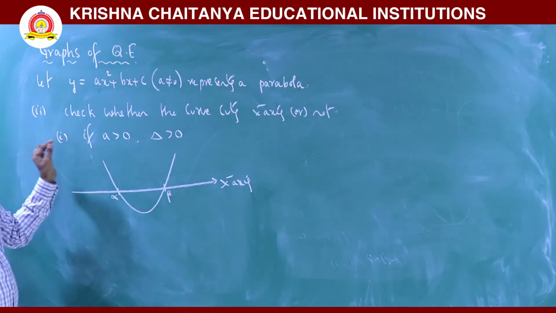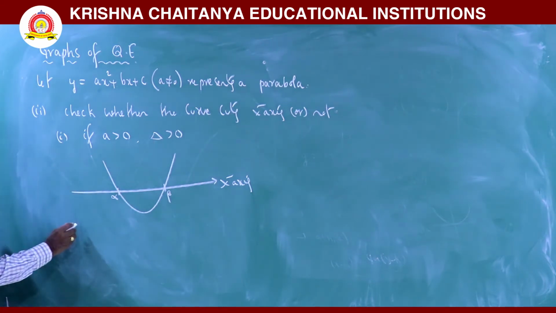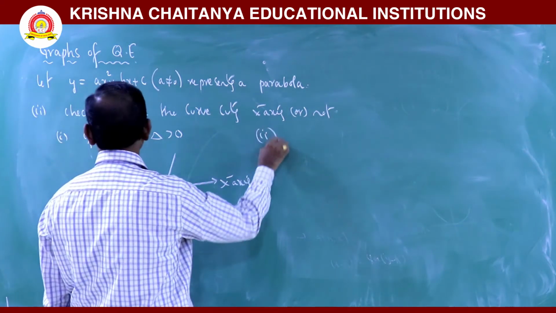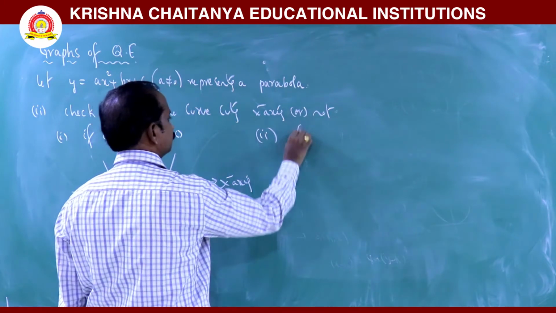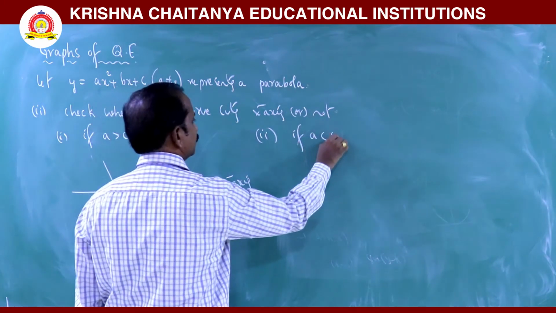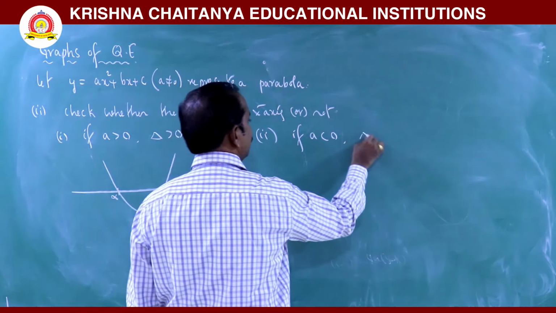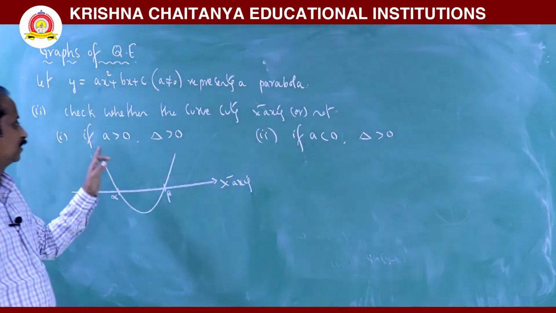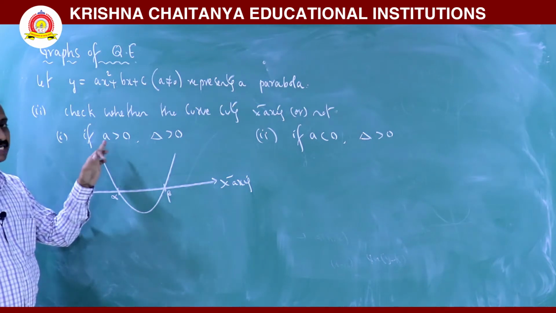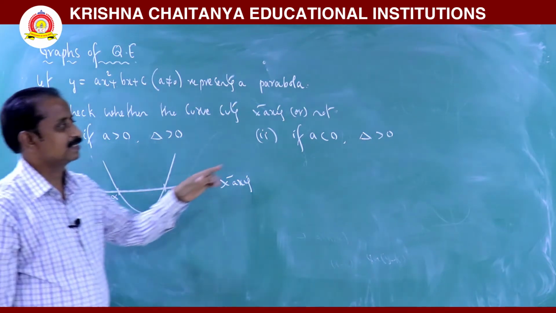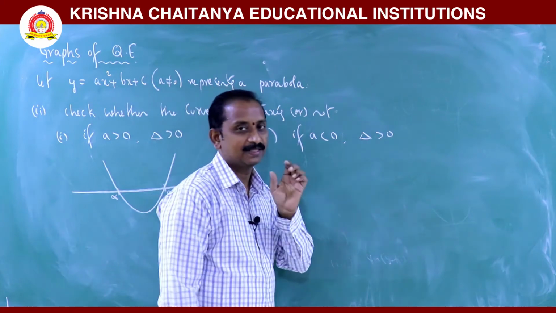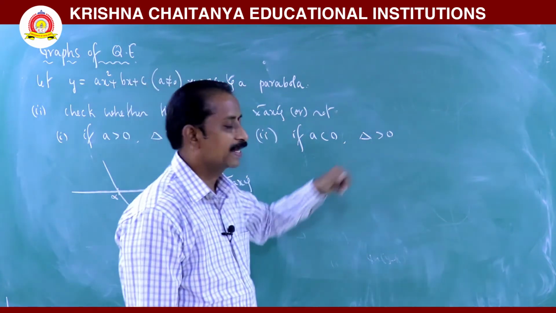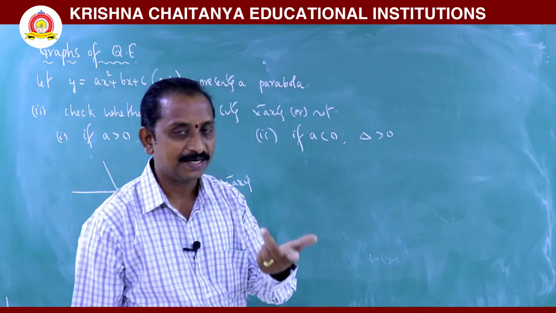So this is point 1, sub point 1. Come to the second sub point: if a less than 0 and delta greater than 0. Same model, but the leading coefficient sign changes. If a less than 0, the curve is open downwards, and delta greater than 0 means real and distinct roots.